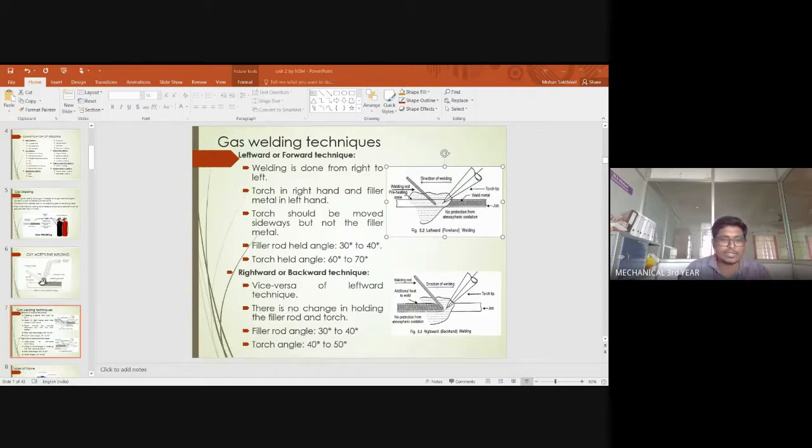For initial spark production, you have to bring the electrode in contact with the metal, and once the spark gets developed, you have to maintain a particular gap, from 1 mm to 3 mm, and that gap is said to be the arc gap. In any case of arc welding, the arc gap has to be maintained between 1 mm and 3 mm. Care should be taken there also.